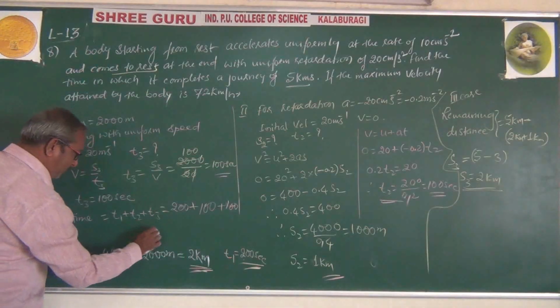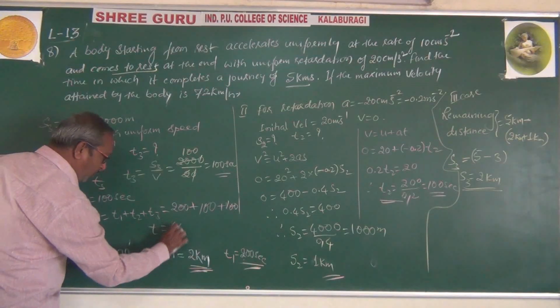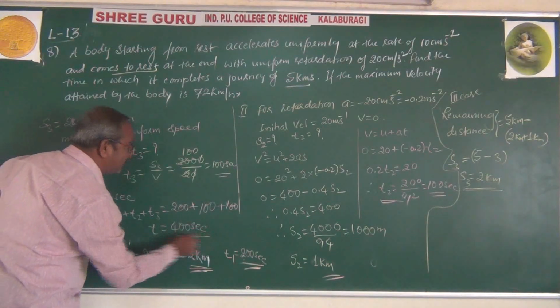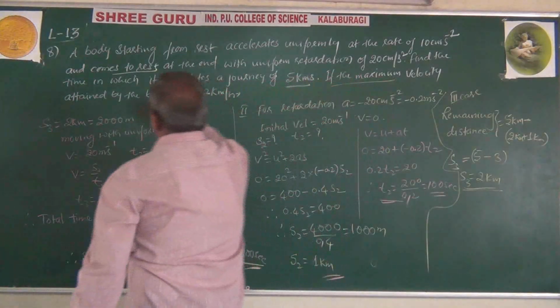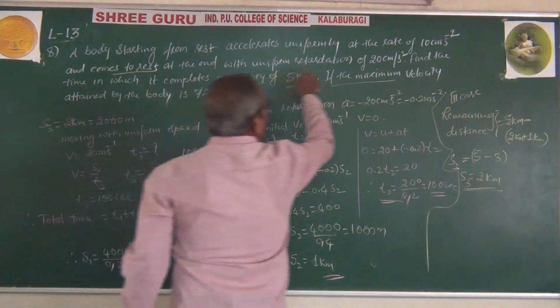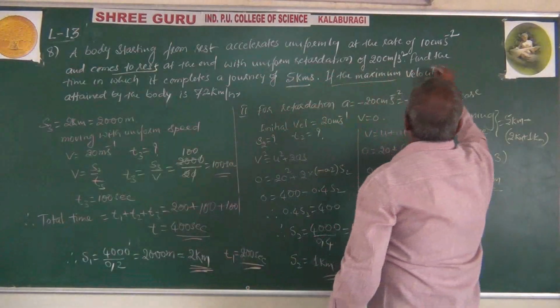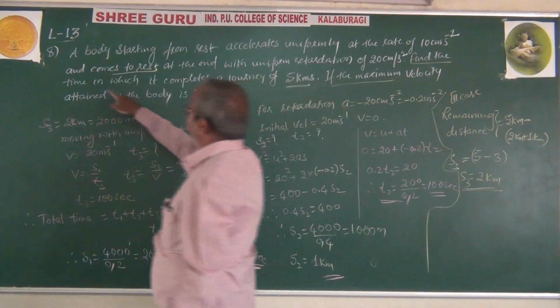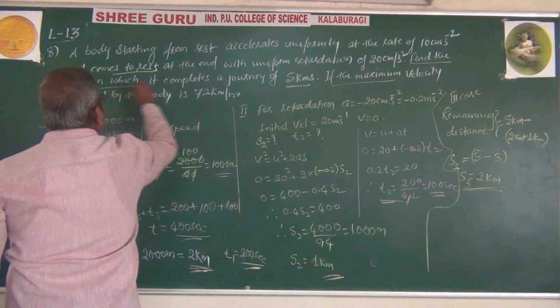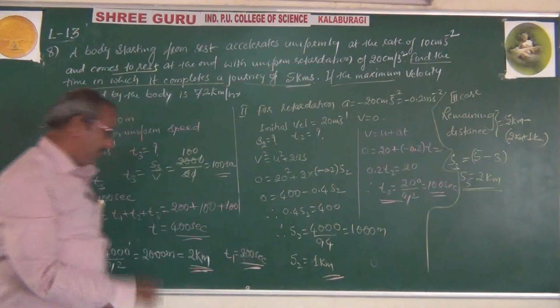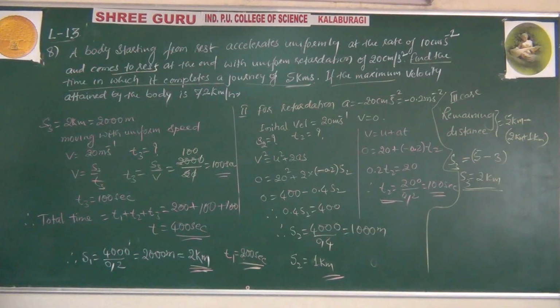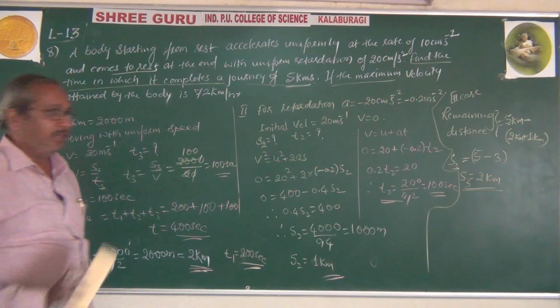So total time will be equal to 400 seconds. So hence, with maximum velocity and uniform acceleration, we find the time in which it completes the journey of 5 kilometers. And the time is 400 seconds in total. This is one of the problems.